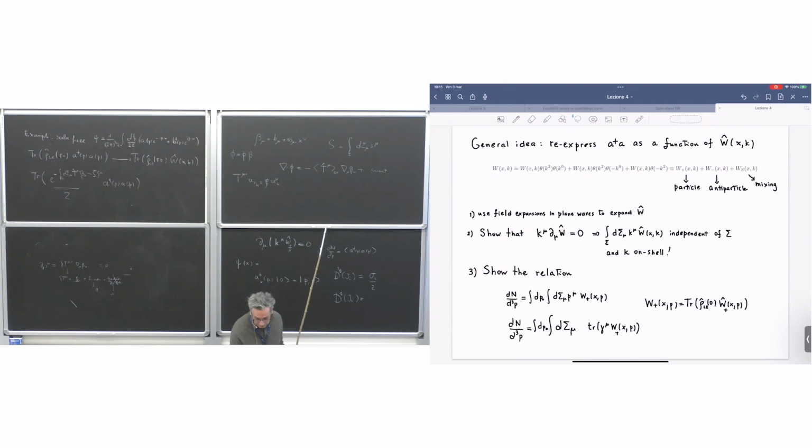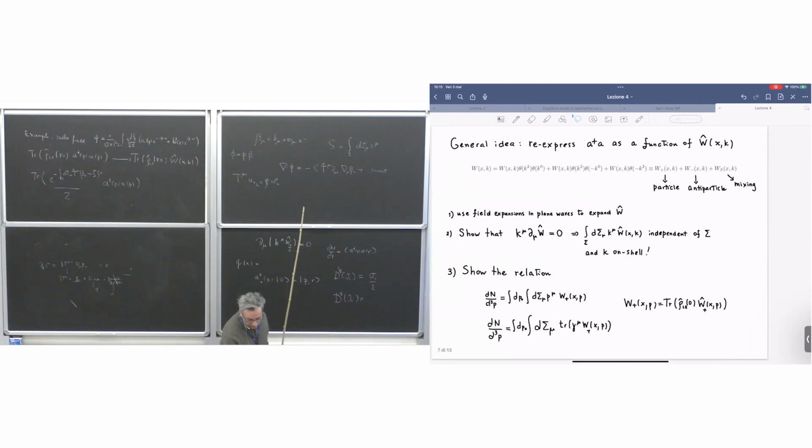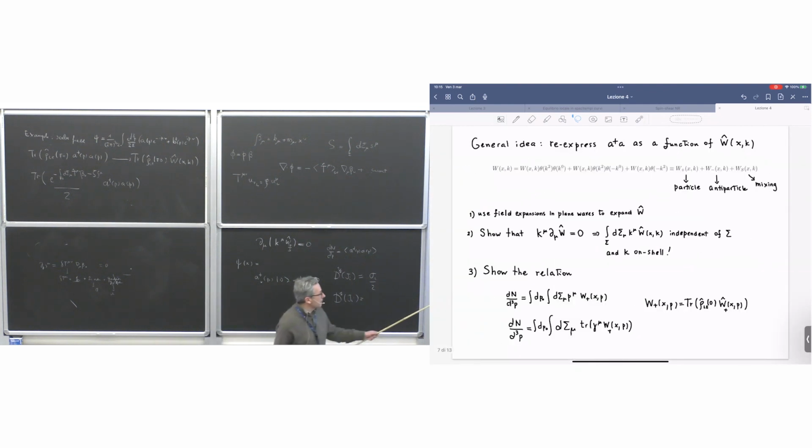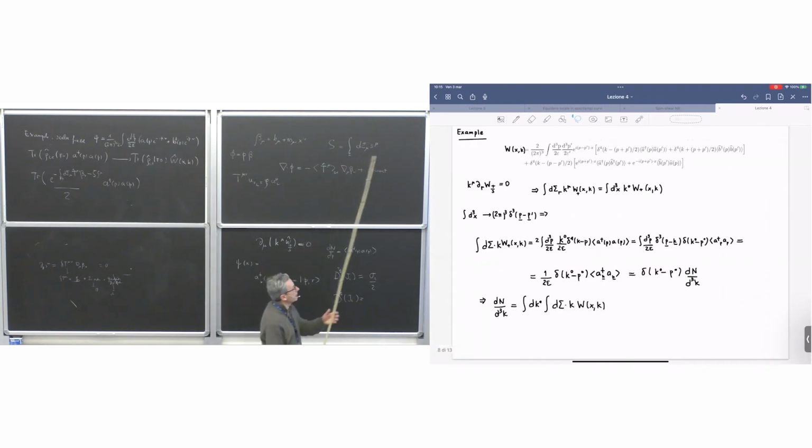Okay, let me show this for the scalar case, so that is the W(x,k) for the complex scalar field. One can show that k^mu d_mu W plus minus s, all of these components, have zero gradients projected onto k.